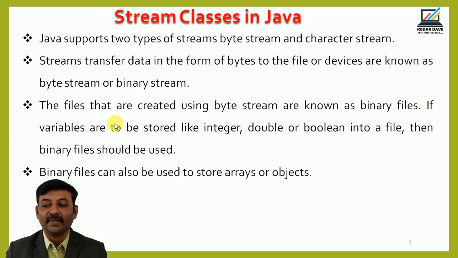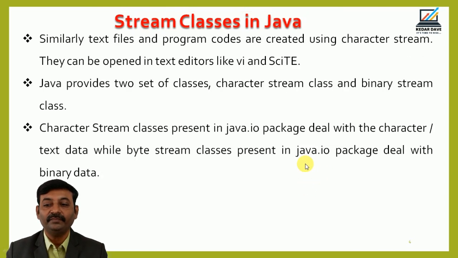If variables such as integer, double, or boolean are to be stored in the file, then binary files should be used. Binary files can also be used to store arrays or different types of objects in Java programming.